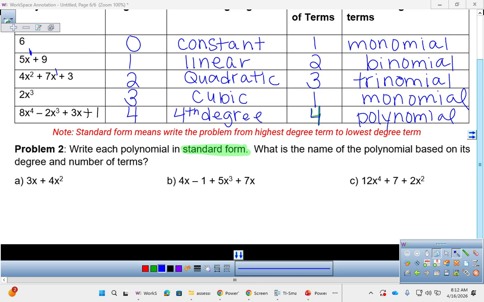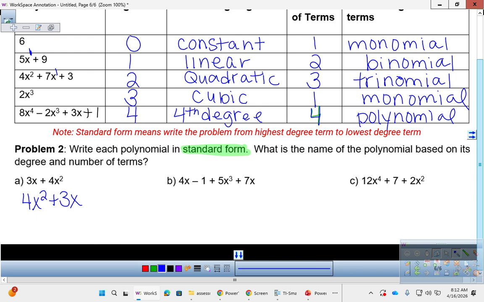So they're not like terms. I can't combine them. However, they're not in standard form because the highest exponent is 2, and in standard form, I write the highest exponent first. So in standard form, this is what it looks like. The order does matter. Highest degree goes first. Okay.